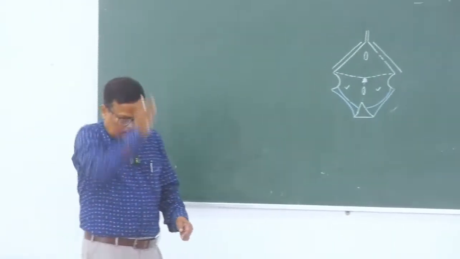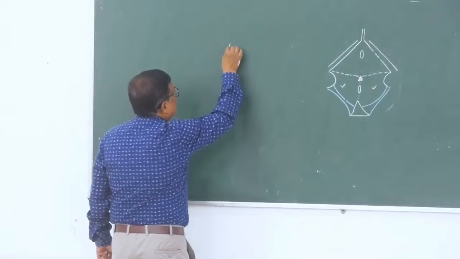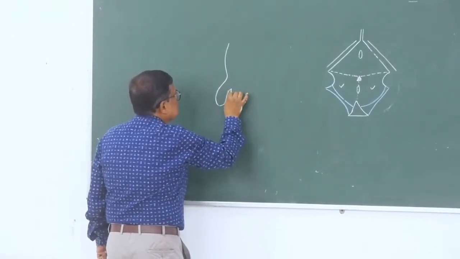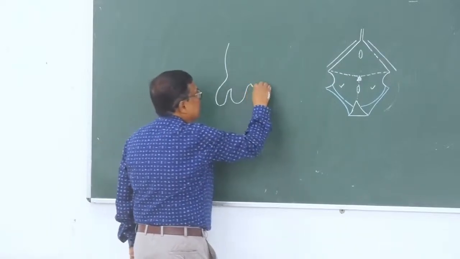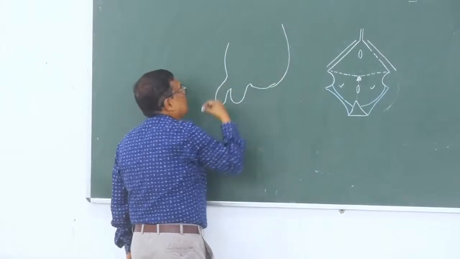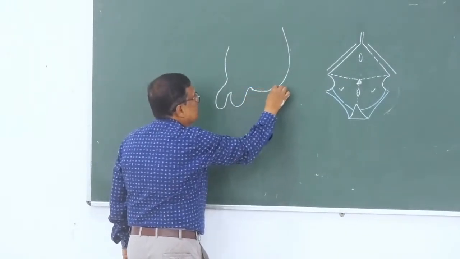So if we cut in this section, a coronal section in a male, this is the anterior abdominal wall, this is the penis, this is the scrotum, this is the perineum, behind this is the perineum, and this is the posterior abdominal wall, right? And this is the skin.